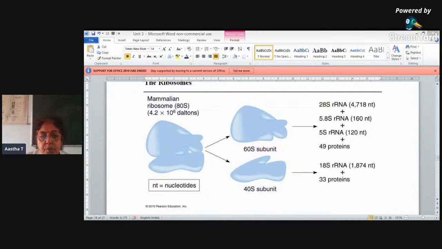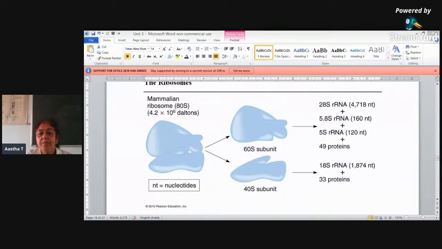A mammalian ribosome, 80S, molecular weight 4.2 into 10 raised to 6 Daltons. 60S and 40S are the two subunits. The 60S subunit has 28S rRNA, which is made up of 4718 ribonucleotides, then 5.8S rRNA made up of 160 nucleotides, 5S rRNA made up of 120 nucleotides, and there are in all 49 proteins in the 60S subunit of the ribosome.